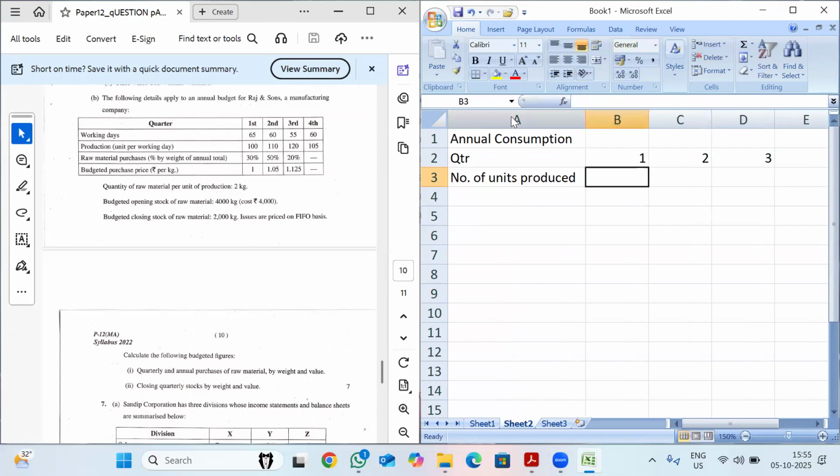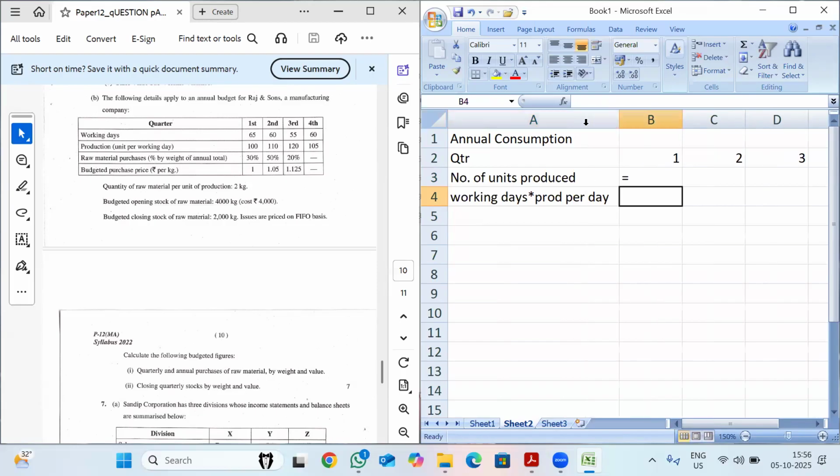So working days into production per day. So here it is 65 into 100. That means 6,500 units I'm going to produce.